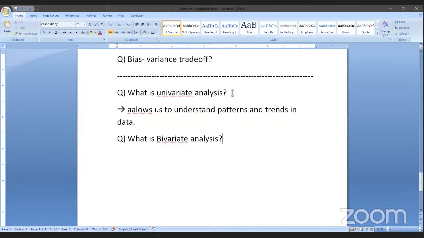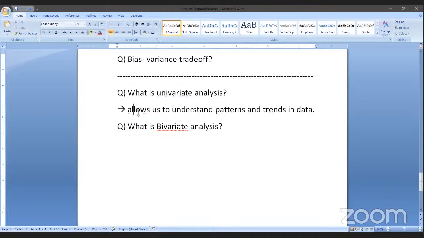So bivariate analysis is the analysis of data with two variables.